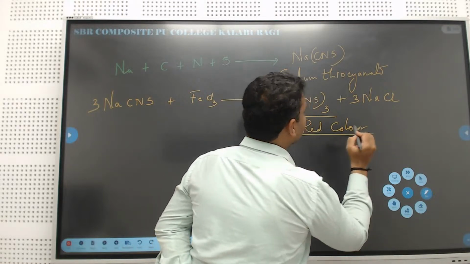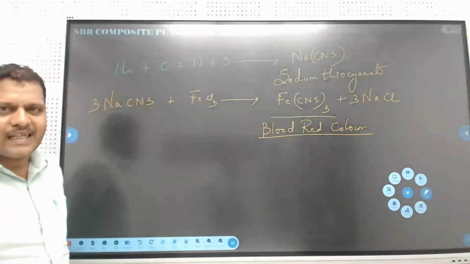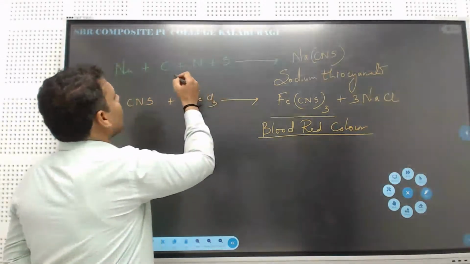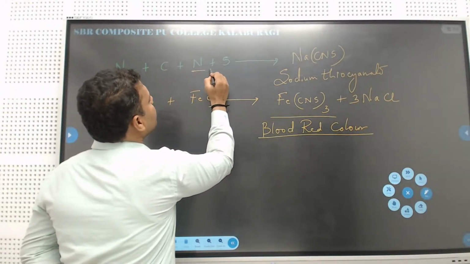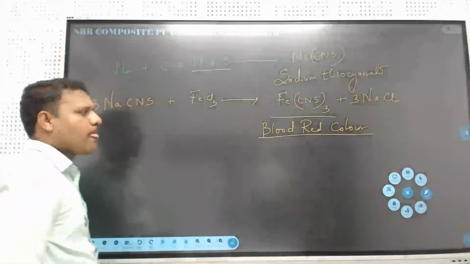If blood red color is formed, then we can confirm that the organic compound contains nitrogen as well as sulfur.